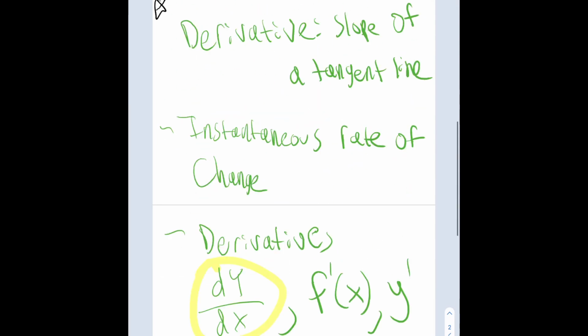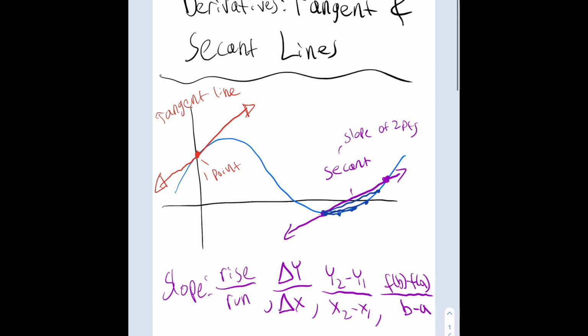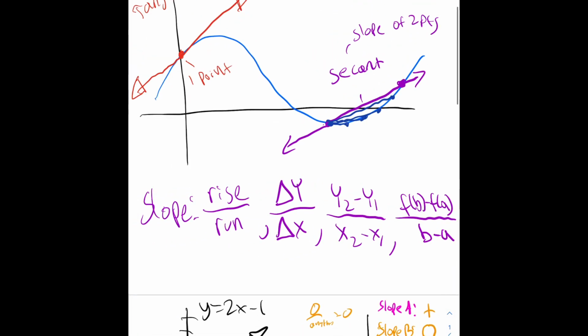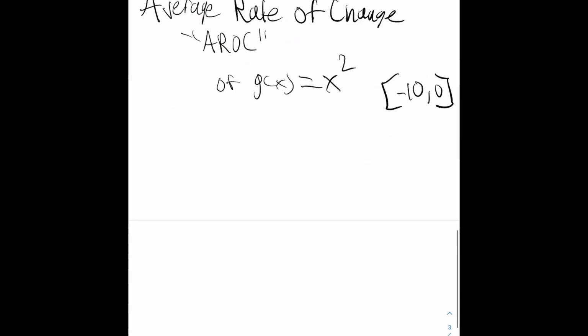You'll see it written a lot of different ways like we talked about here. I'm going to focus on the one that I'm going to use a lot in class, which is f of b minus f of a all over b minus a, where we can call this a and this b in our interval.